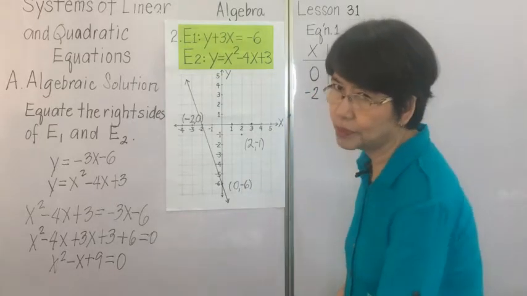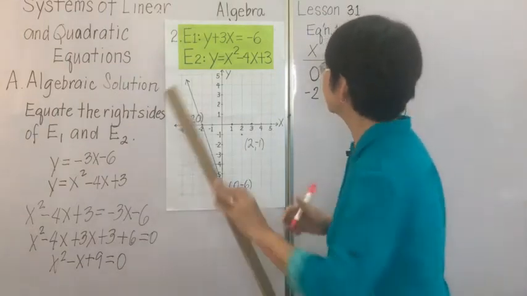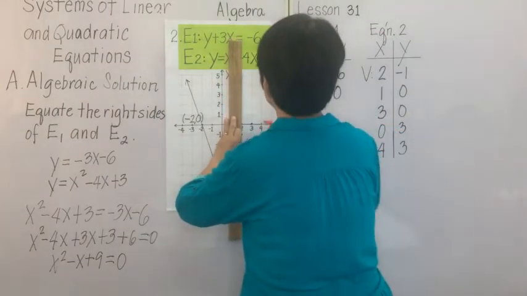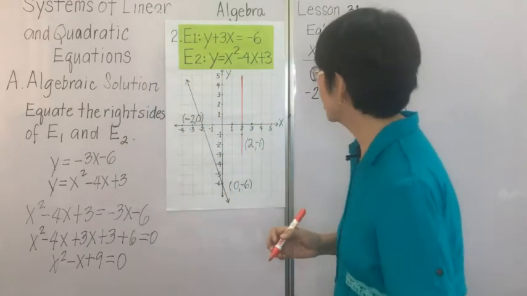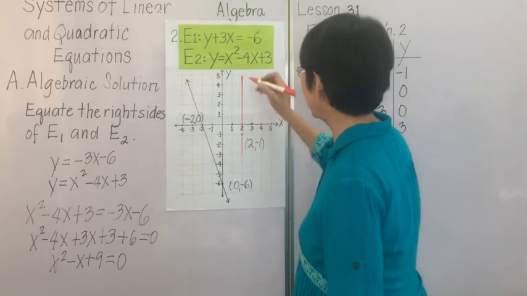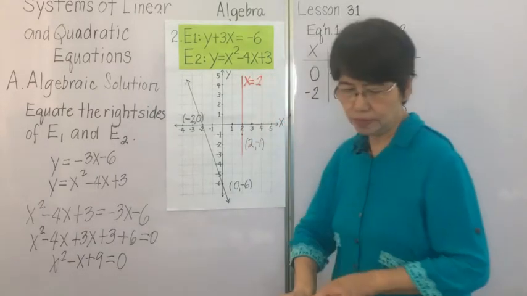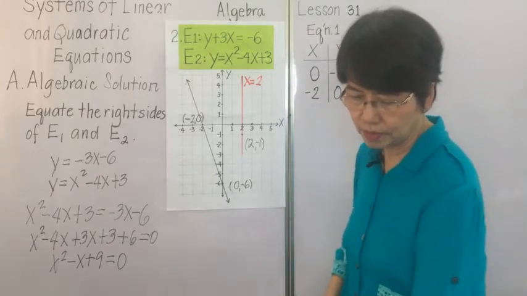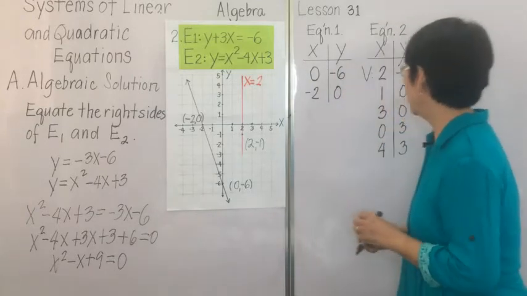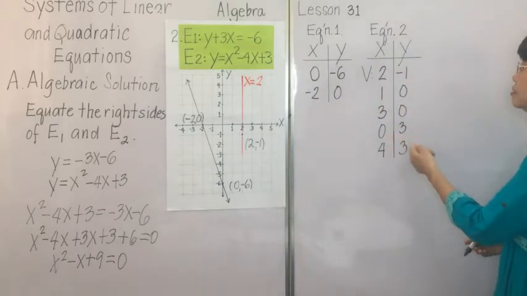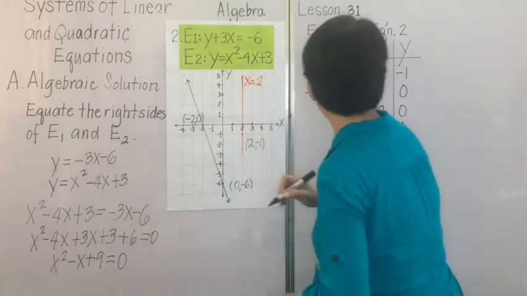And let's put the line of symmetry. The line of symmetry is at x equals 2. Then we add another point, (0, 3) and (4, 3).